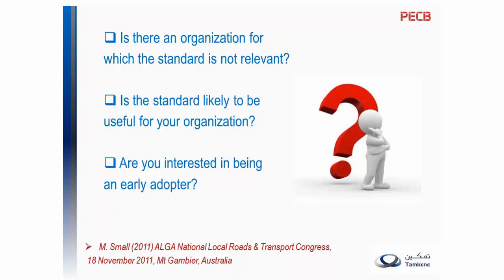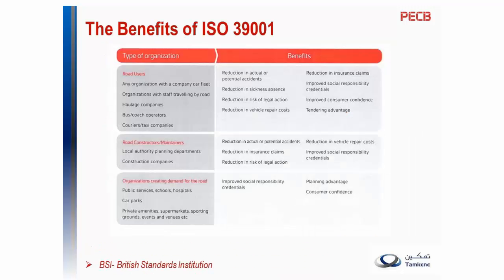So in general, based on the British Standards Institution, regardless of the type of organization, whether you're a road user, road contractor or maintainer, the benefits go with the economic, social, and moral aspects.